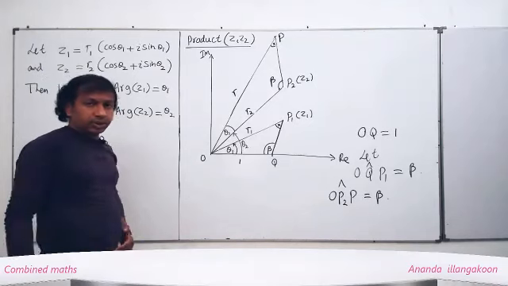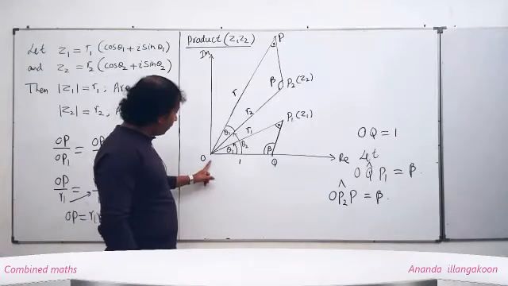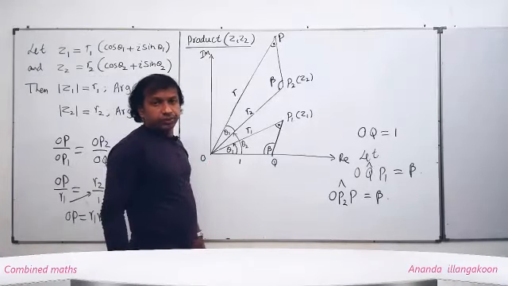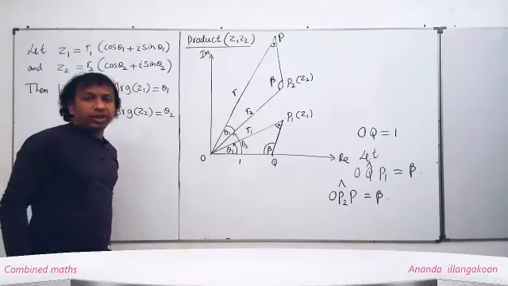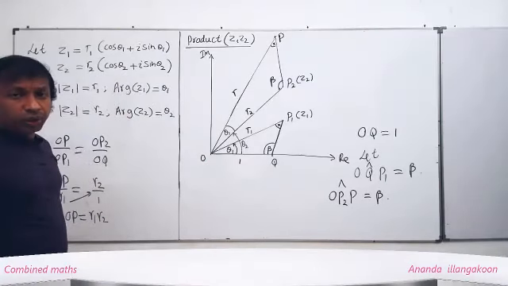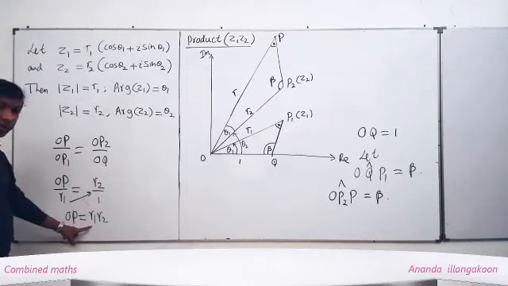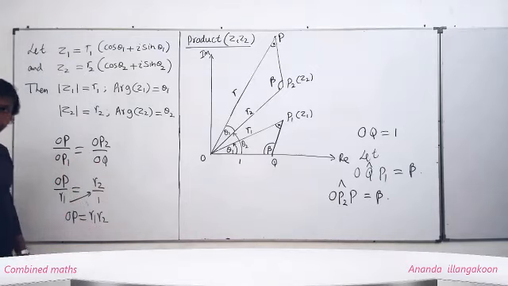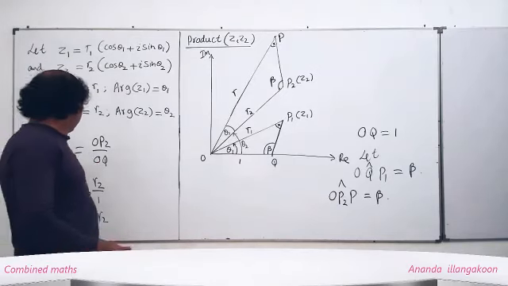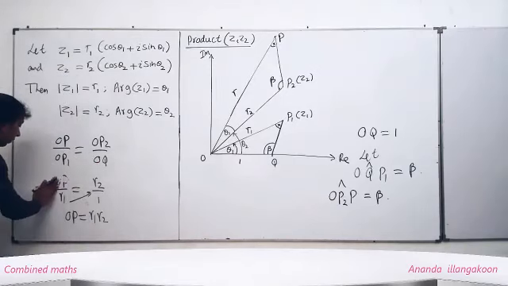Right. Asking a question, should this OQ always be 1? Yes. We select a point Q on the real axis so that the OQ length is 1. Otherwise, according to this, this OP length will never be the R1 R2 product. Okay. Right. Now, write down like this.